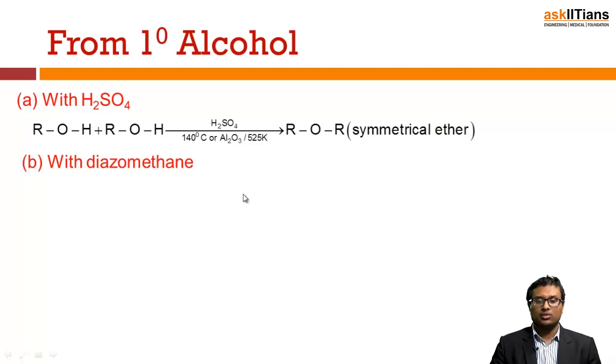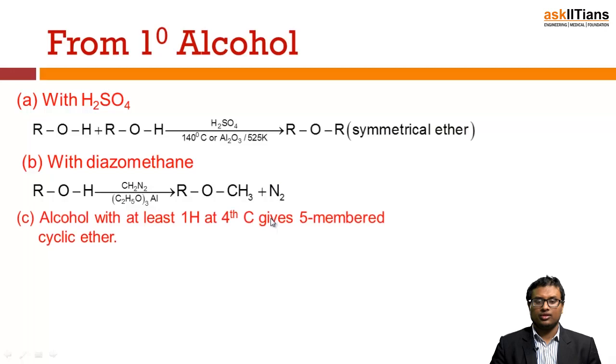Next, with diazomethane: you have an alcohol and a diazomethane, and just react your alcohol with diazomethane, you will again get your ether. Remember, you are getting nitrogen in this process. Alcohols with at least one hydrogen at the fourth carbon give a 5-membered cyclic ether.